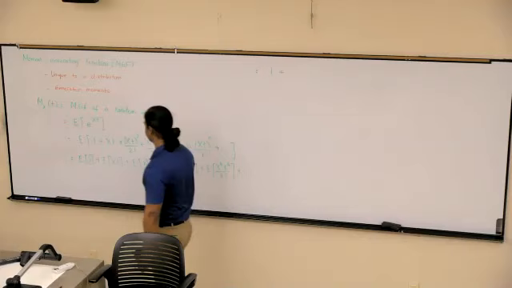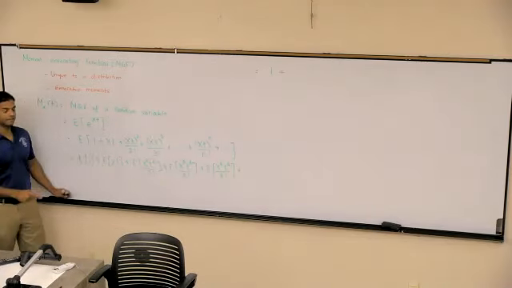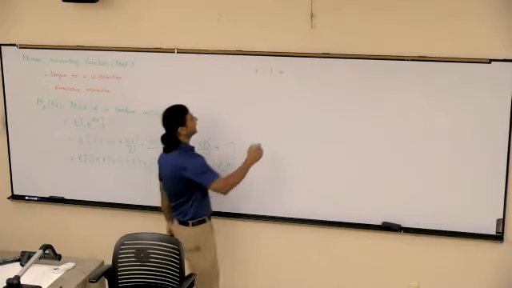1 is a constant, so the expectation of a constant is the constant itself. So 1 plus, I have X multiplied by t. t is a constant, so I can pull t out.